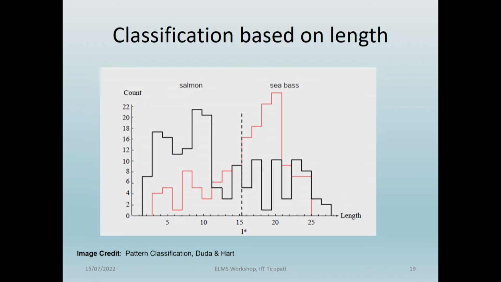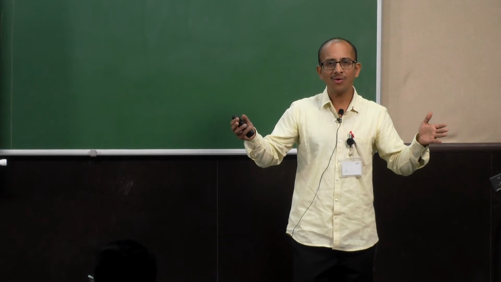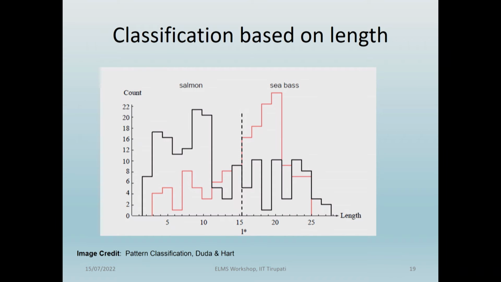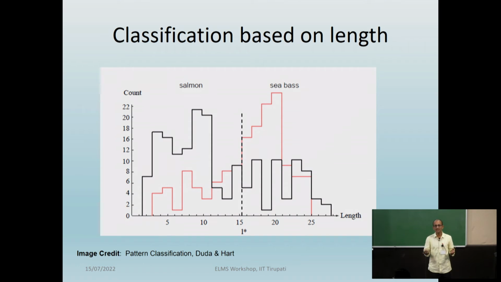Assume that this is fine, but now we want to do it at a large scale, with a large number of samples. Say we have 1000 fish samples, and we want to put them into 2 categories. This plot shows that we have measured the length of the fish; the number of fishes having a length of 3 centimeters is 7.